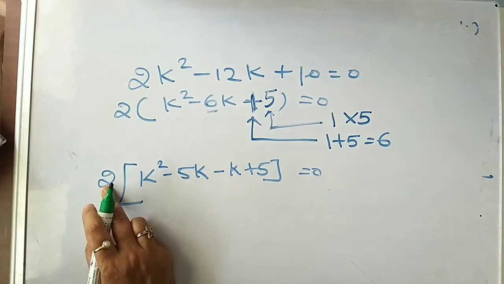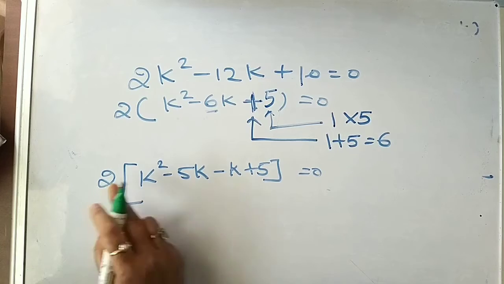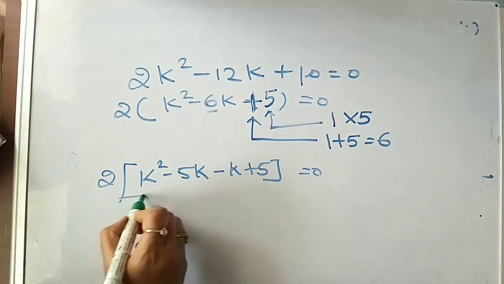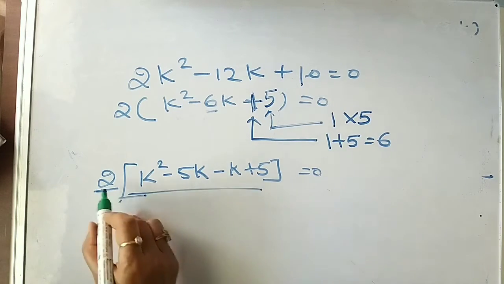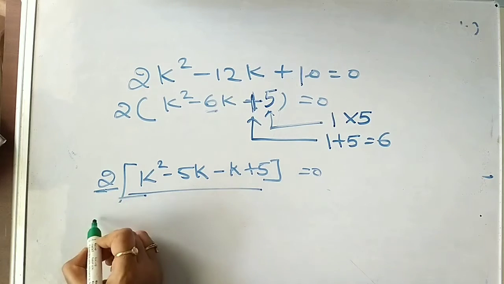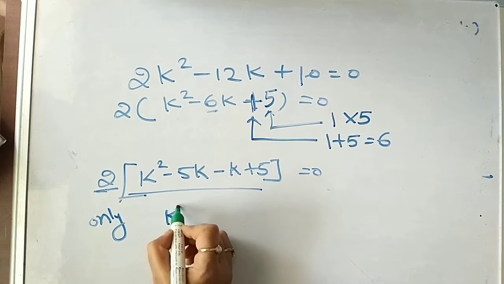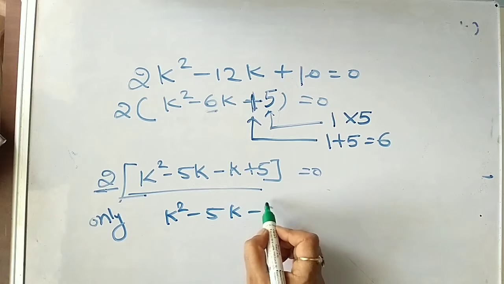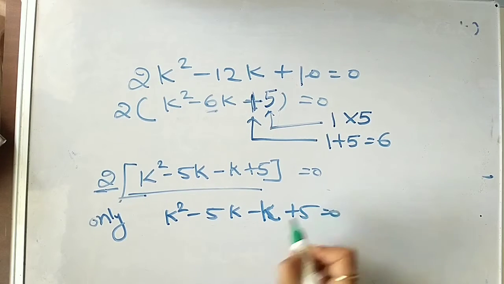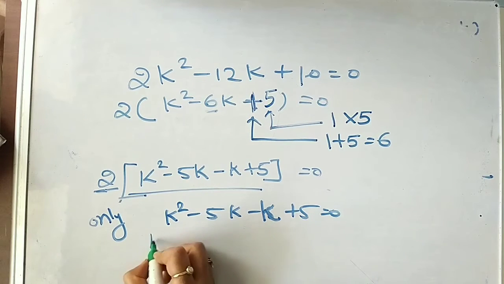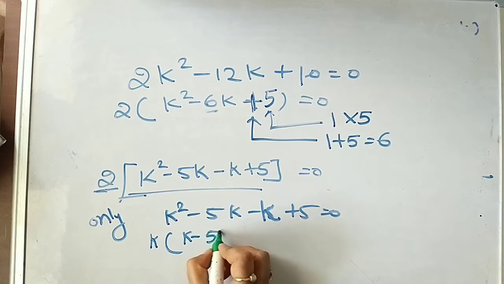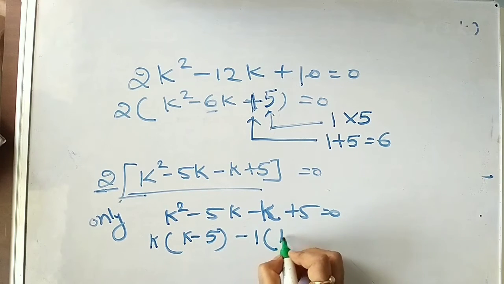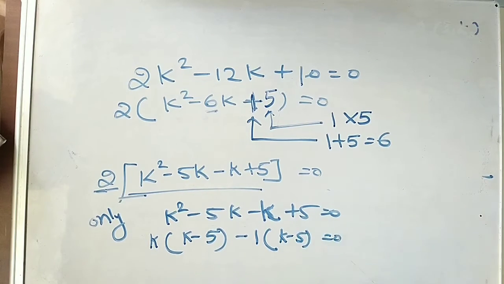This 2 cannot be 0. See, if this whole equation is 0, then either 2 is 0 or this is 0. So 2 cannot be 0, so only k square minus 5k minus k plus 5 is 0. Now in this I can take k common, so it is k minus 5. Here 1 common, which is k minus 5 is 0. So I am getting k minus 5 times k minus 1 is 0.